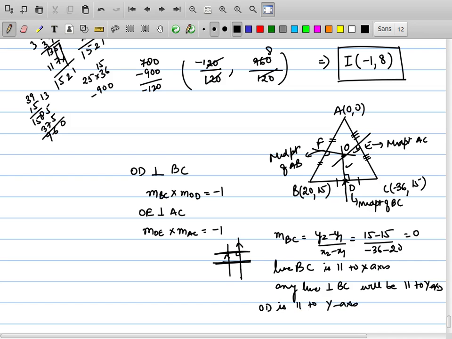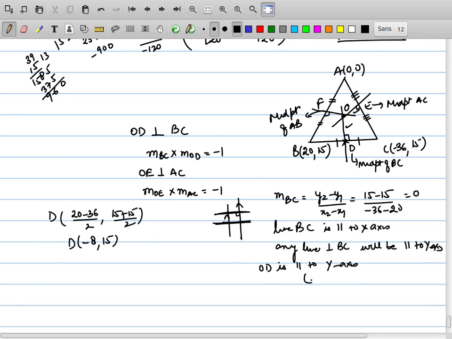D, and D is the midpoint of B and C. Therefore what is D? (20 minus 36) by 2 and (15 plus 15) by 2. So this is (-8, 15). Now our line is passing through this point. Any line which is parallel to the y-axis has the form x is equal to c. And what is x in this case? -8. Therefore the equation of OD is what? x is equal to -8.